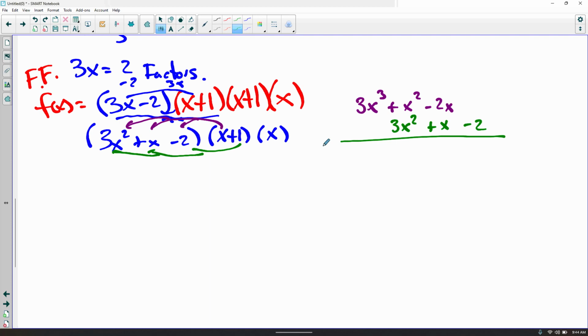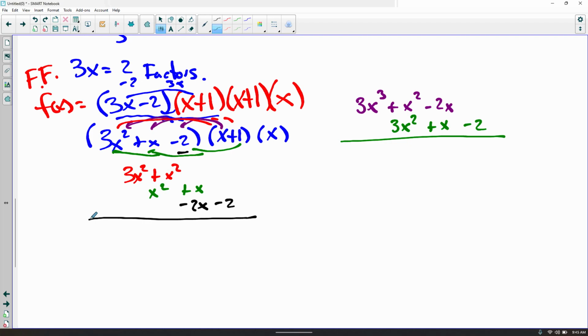So yesterday what we did, we took the 3x squared and multiplied each of these, and we ended up with 3x cubed plus x squared. And then we took the next one, which is the x, and got x squared plus x. And then we took the last one, which is the negative 2, and did negative 2x minus 2. This one stacks 3. This one only stacks 2. So you have to decide how you want to do that.